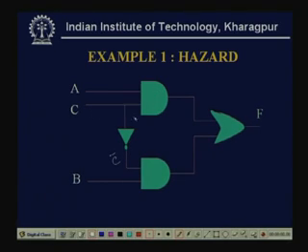Now, see here, when the top AND gate is executing AC, then to compute C bar, because of the gate delay associated with the inverter, it will take some time.